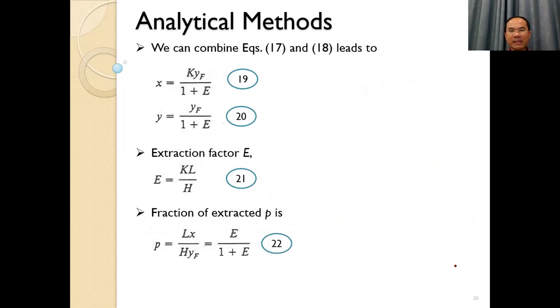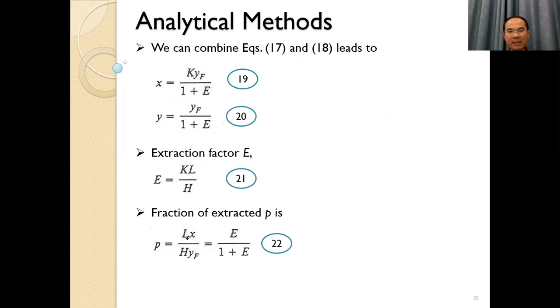And then you can rewrite this equation. You get X equal to KYF divided by 1 plus E. Y equal to YF divided by 1 plus E. That's clear. What about E? E is KL divided by S. And also we can calculate the fraction of extract, P. P is the fraction of extract.